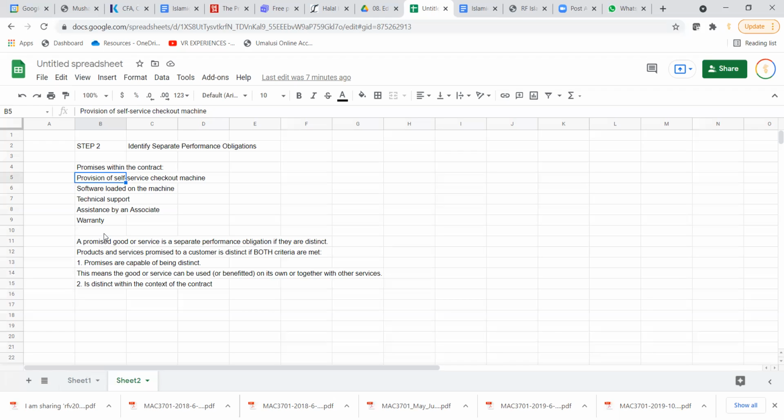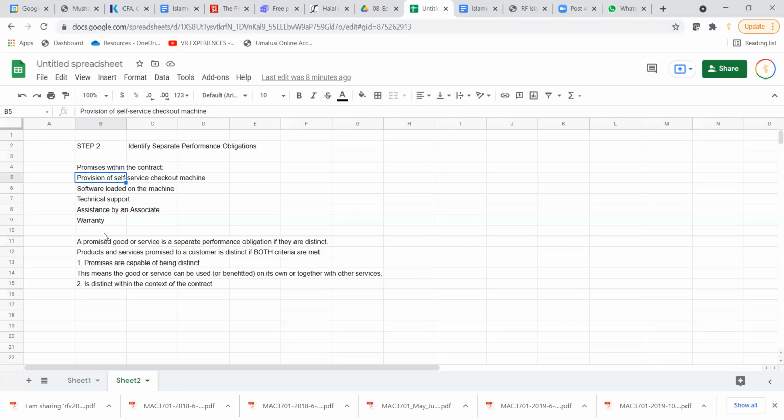So within the context of the contract, the machine and the software is one performance obligation, because the machine and the software are needed for each other.